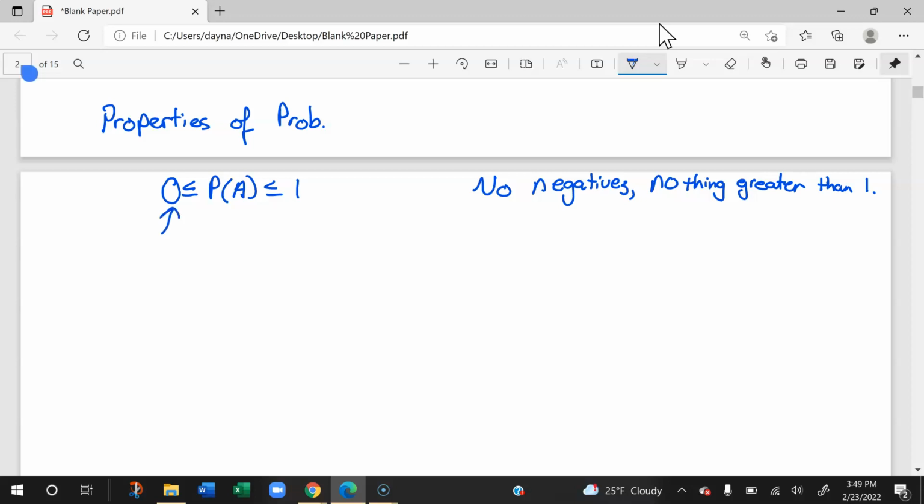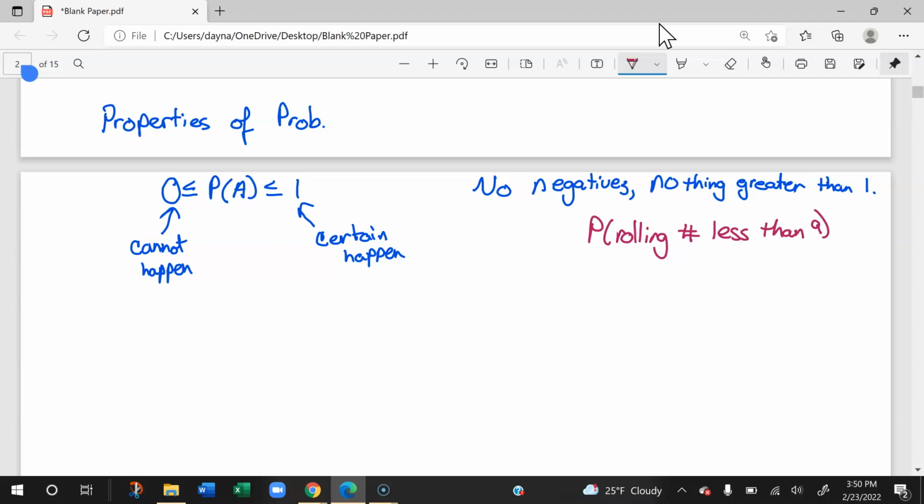An event that is 0 cannot happen. That's like our rolling a 9 when you only have a 6-sided die. Now, something that has a probability of 1 is certain to happen. Let's think about our 6-sided die, and let's say I want the probability of rolling a number that is less than 9.